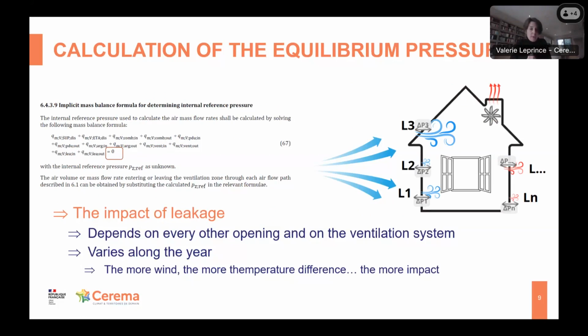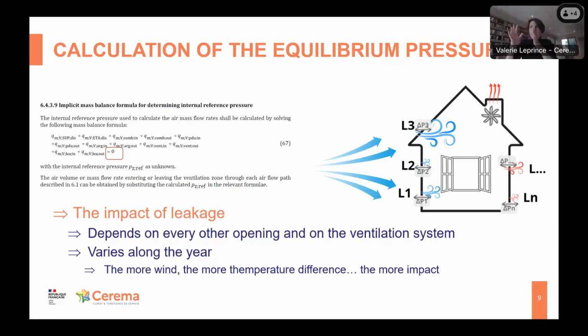What is very important is that it depends on every other opening and on the ventilation system. So basically, if you've got an extract-only ventilation system that will tend to put the building in negative pressure, you won't have the same impact of leakage as if you have a balanced system that provides basically a 0 difference in flow rate.